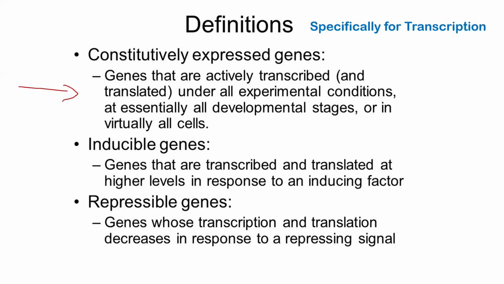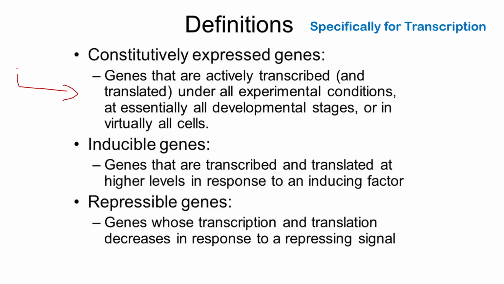The vast majority of genes, even genes important for energetics, thermodynamics, and physiology of cells, can also be regulated. So there's a very small populace of genes which are constitutively expressed, and these typically are genes that the cell absolutely 100% cannot live without.